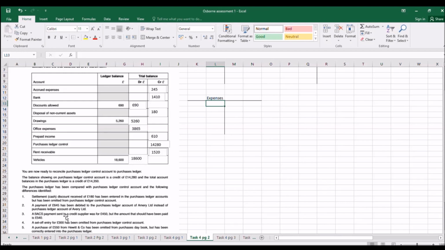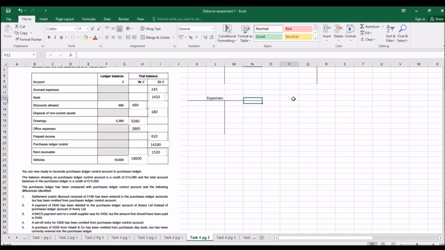A BACS payment sent to a credit supplier was for 450, but the amount that should have been paid was 540. So we've sent them 450, but the amount should have been 540. Right.